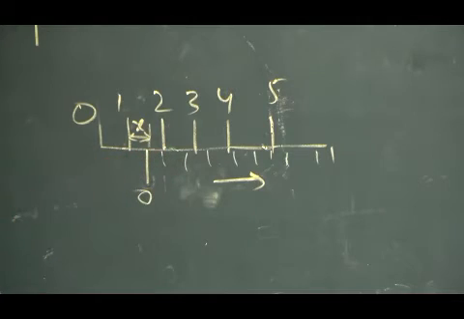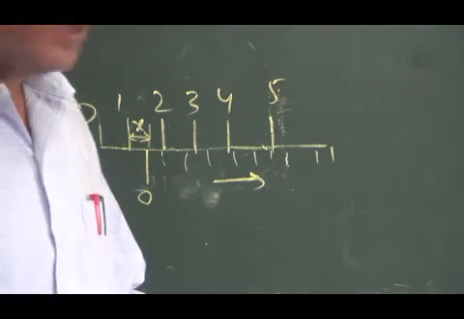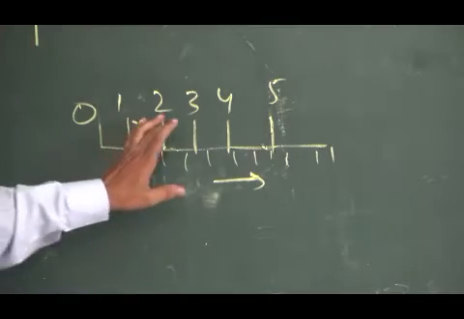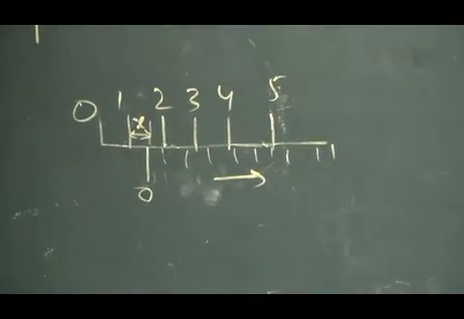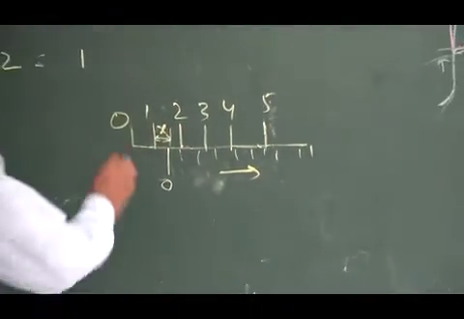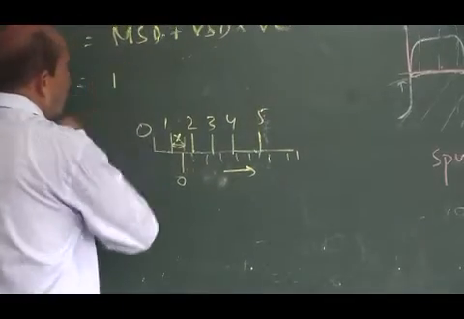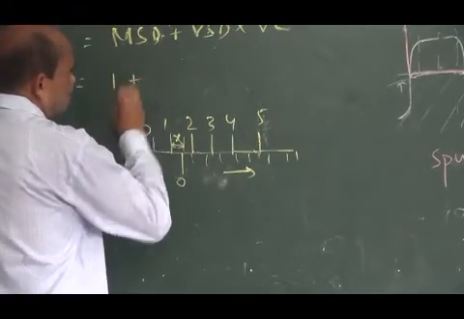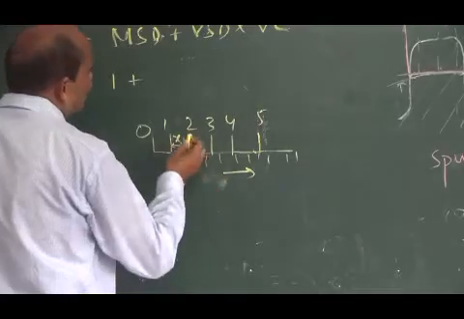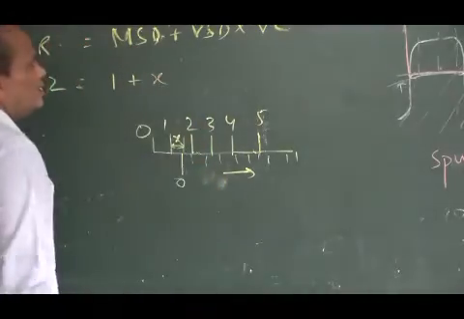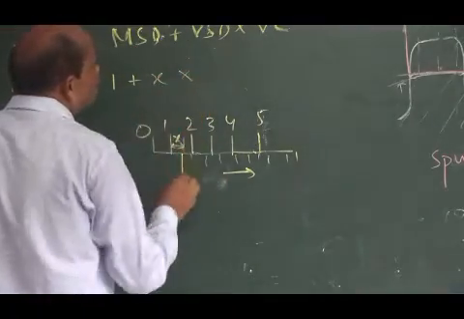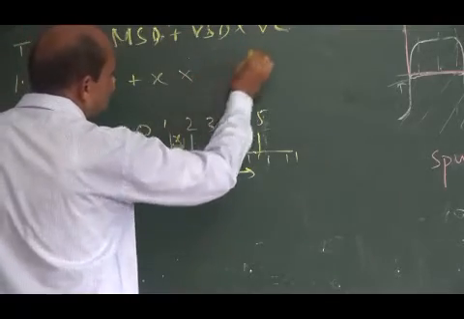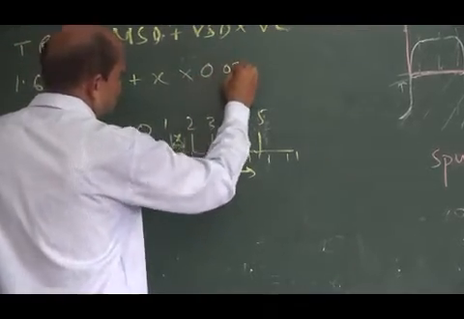Here 0.5 is not given in this scale, so we consider 1 and 2 millimeter. This reading will be between 1 and 2. So main scale reading will be 1 plus vernier scale reading, that is x into vernier constant, that is 0.2.